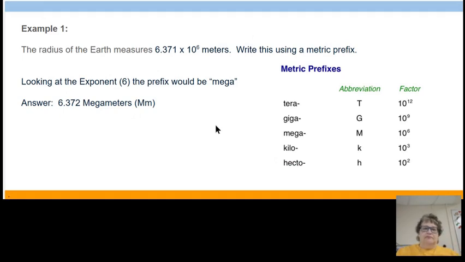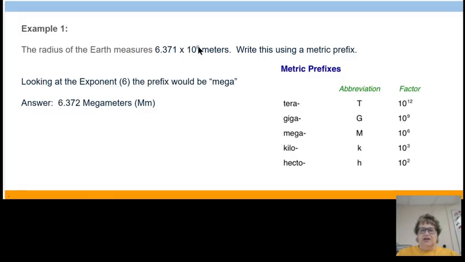So here's an example. I have the radius of the Earth. The radius of the Earth is 6.371 times 10 to the 6th meters. I want to write that with a prefix.